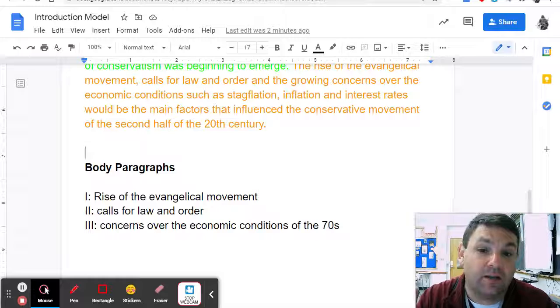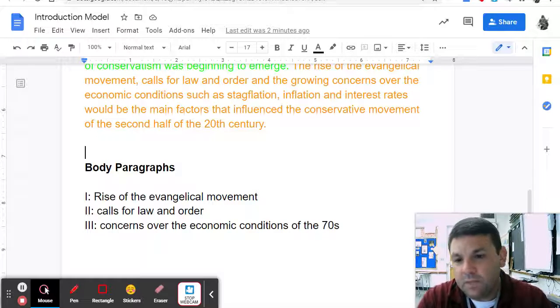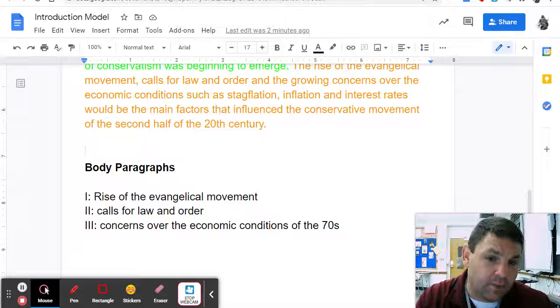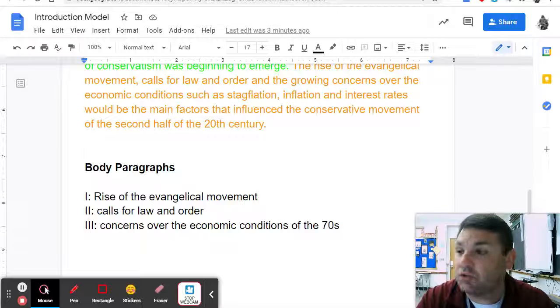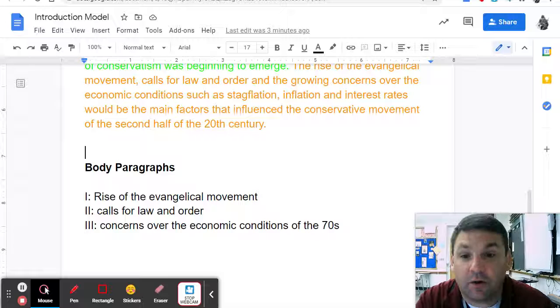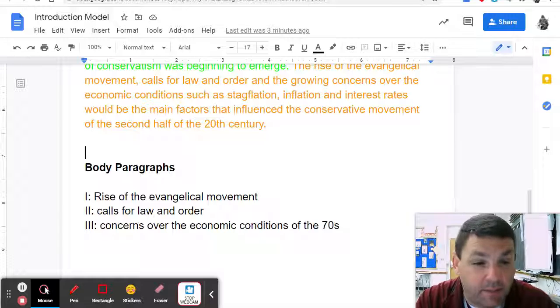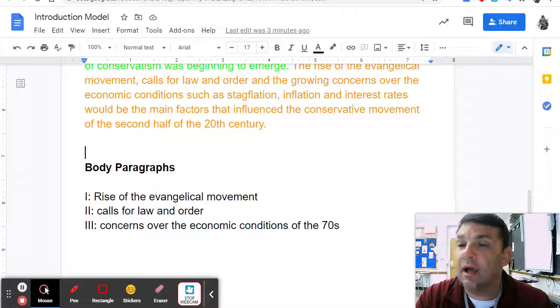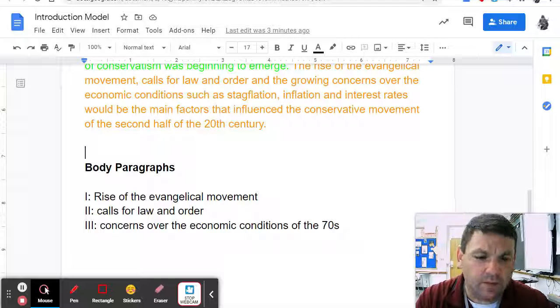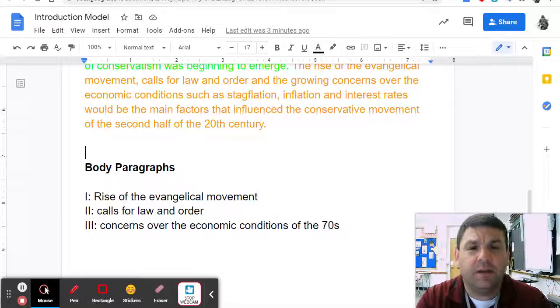Like if you have something on the evangelical movement, you could be talking about Nixon, you could be talking about another aspect of the rise of conservatism with the stronger family values that were also going on during the time period, or how law and order was trying to combat the riots that were happening, such as what was going on in 1967 with the long hot summer, or the Vietnam War protests, like what we had in Kent State, and all of these different pieces.